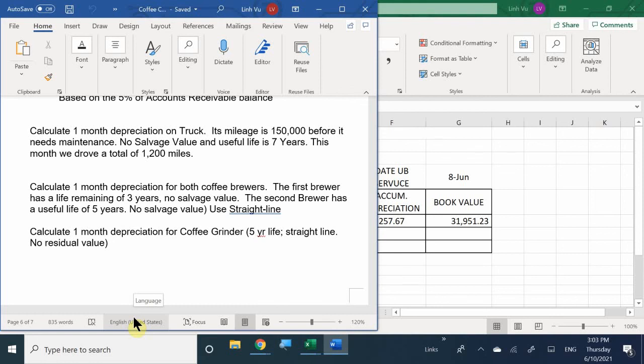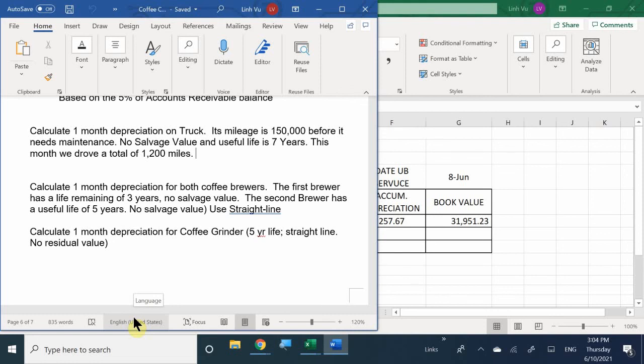The first coffee brewer only has a remaining useful life of 3 years, because we bought it secondhand from a previous coffee owner. It's already been used, so it's only got 3 years left, and no salvage value. Our second coffee brewer has a total of 5 years, but no salvage value.